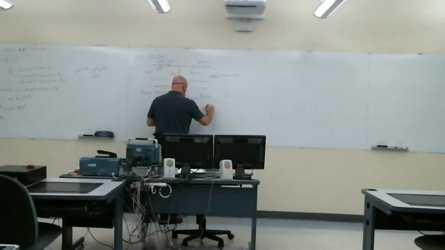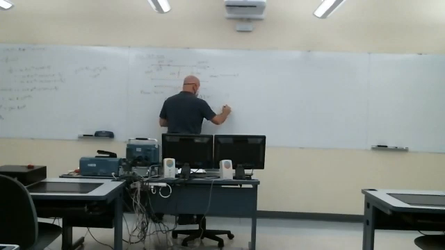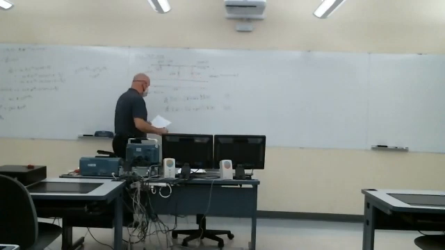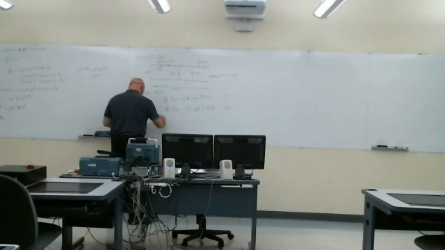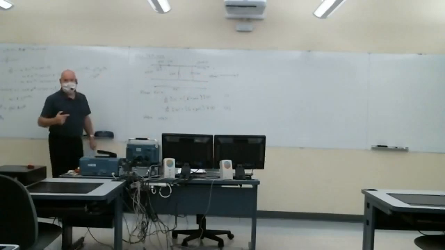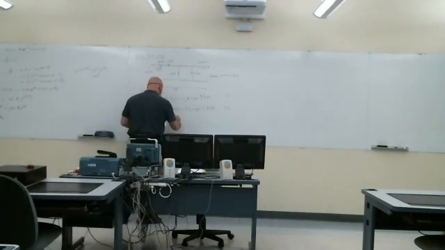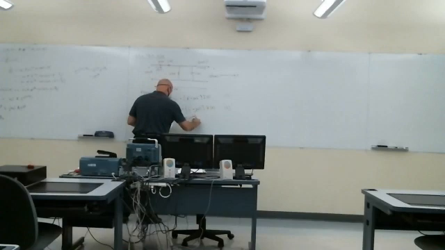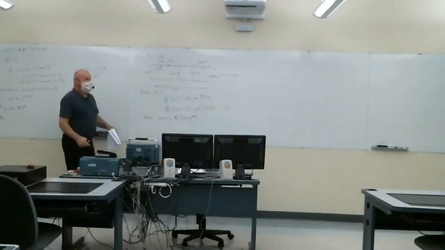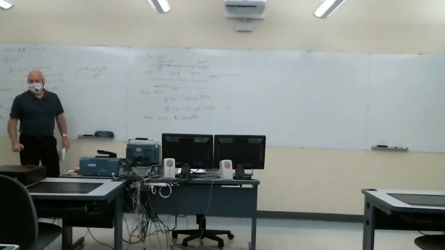C prime V of z, where we can recover the time domain expression from the phasors mathematically. That's the real part of, we take the phasor and multiply it by e to the j omega t to get back to the time domain expression for voltage.